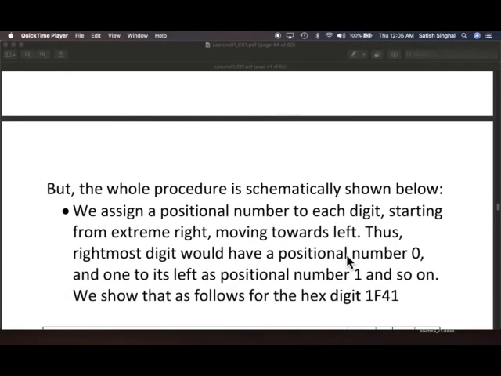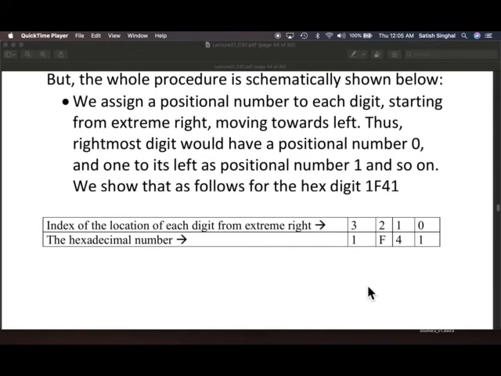So what we do is assign a positional number to each digit, starting from the extreme right and moving towards the left. The rightmost digit would have positional number 0, and the one to its left would have position number 1, and so on. We show that as follows for the hex number 1F41.